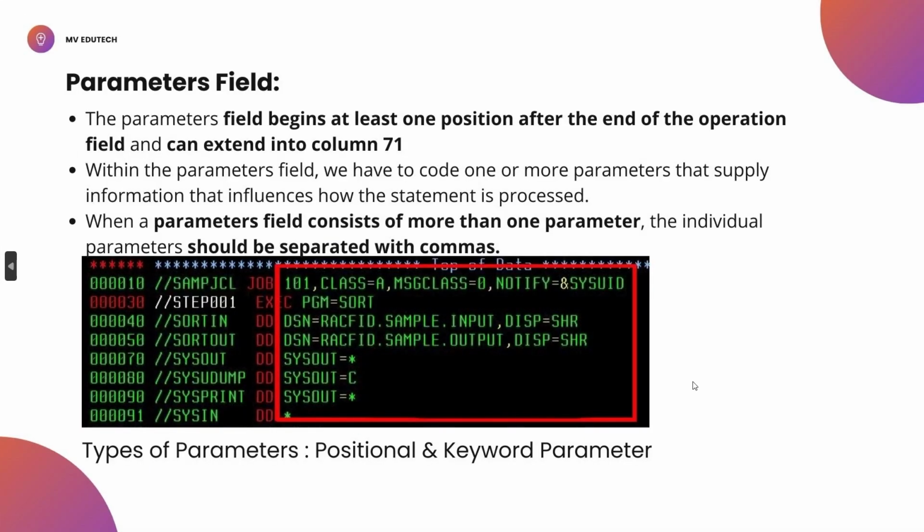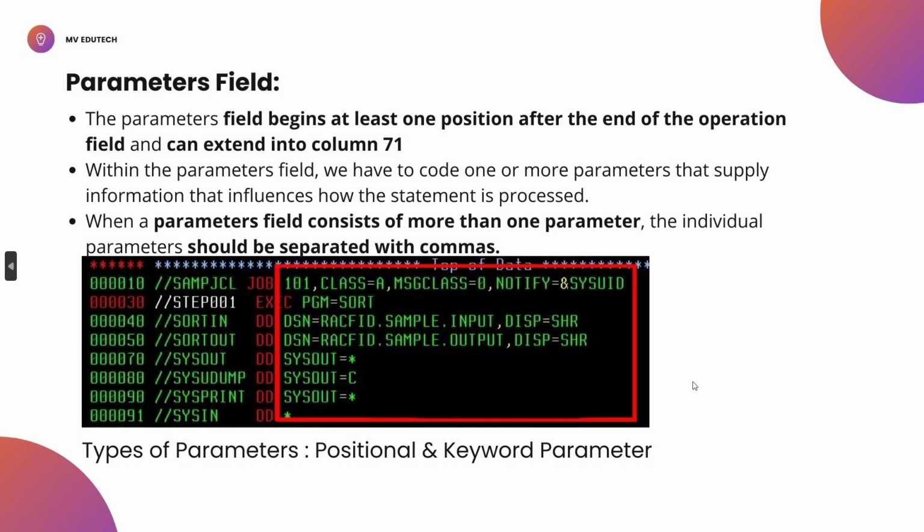After that, the parameters field. The parameters field means the operand, where we use these parameters. The parameter field begins at least one position after the end of the operation field and can extend into column 71. After that, 72 to 80 is the continuation field.